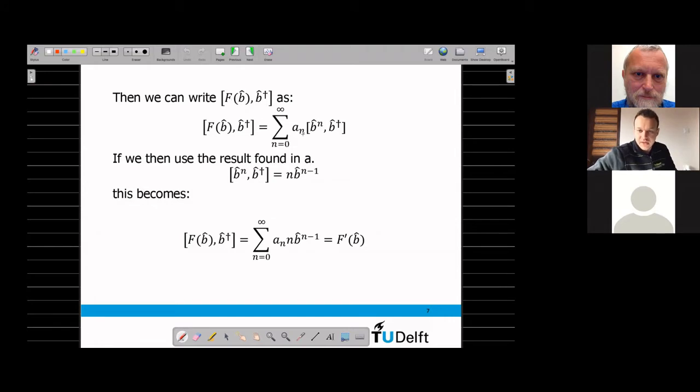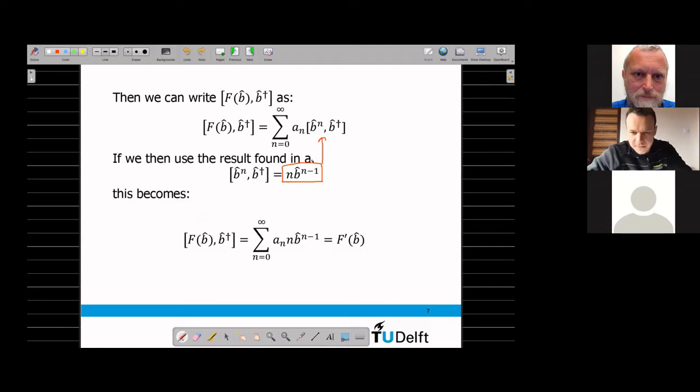We express f as a sum, as a series, and what we end up with is the commutator between B^n and B dagger. But if you remember, in question A we found that this commutator is equal to the following. So if we replace the commutator in this formula, we obtain this sum.